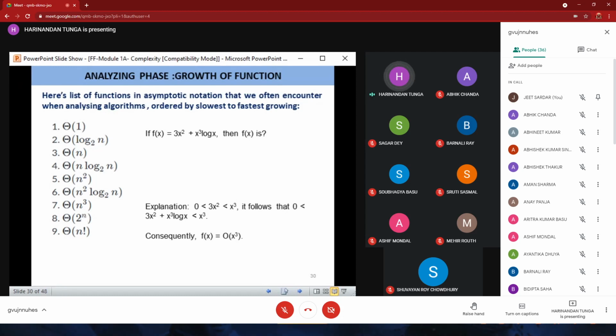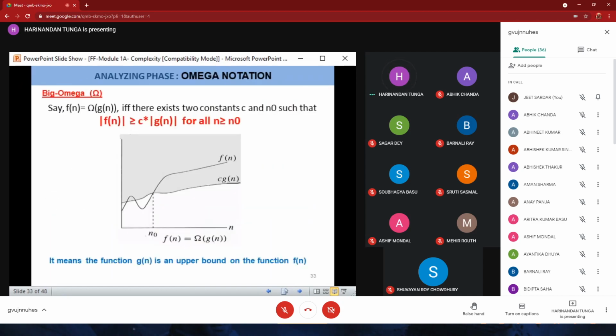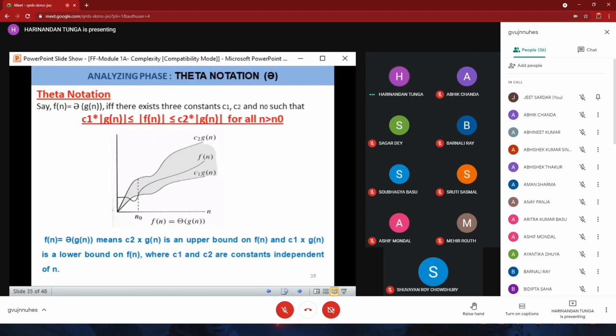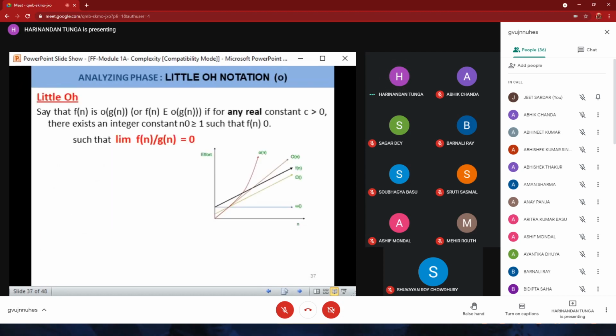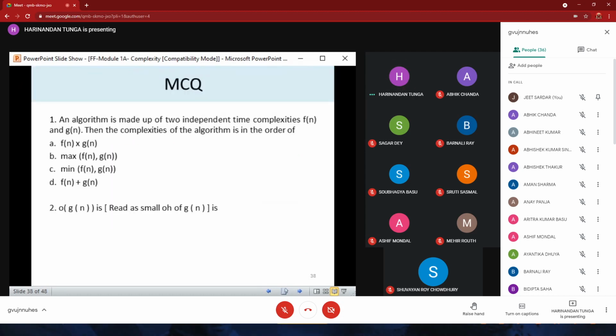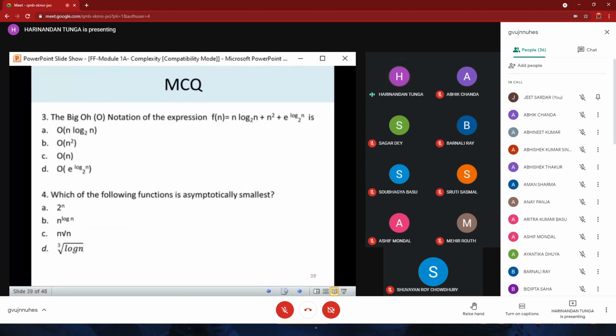Which term of the given expression requires the highest time? Time required is order of n square. This term is the highest degree term of the given equation. The order of n square is the correct answer.